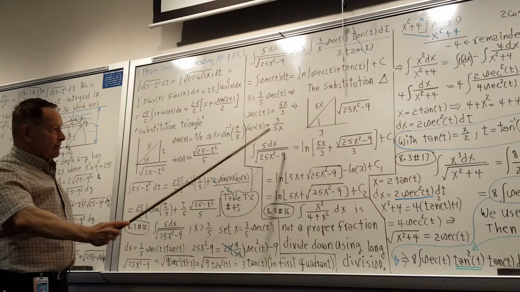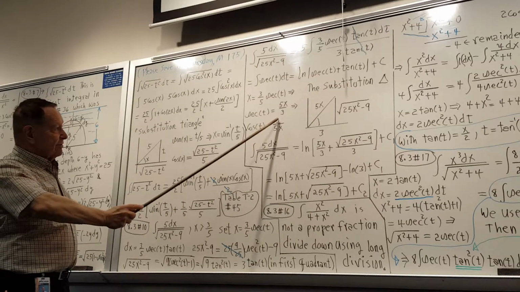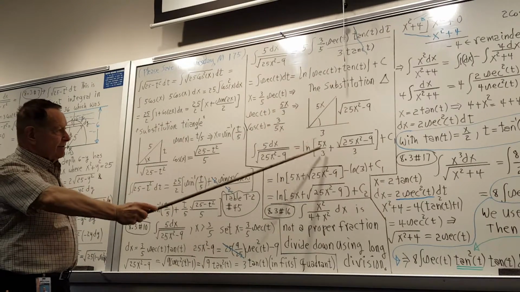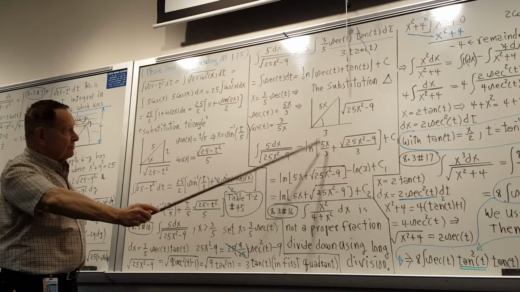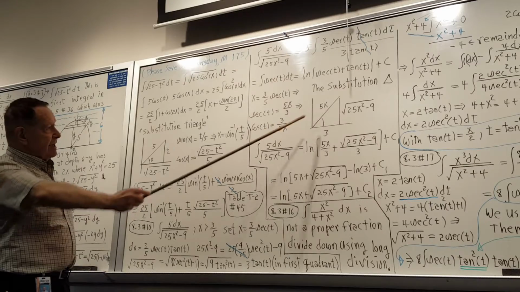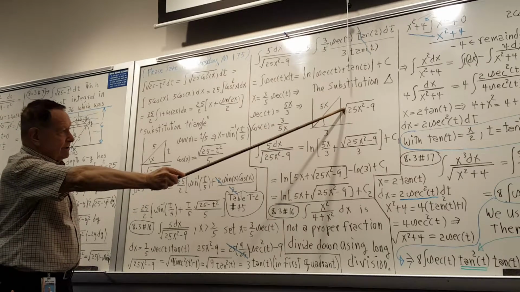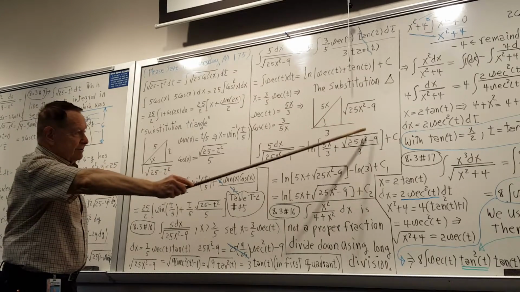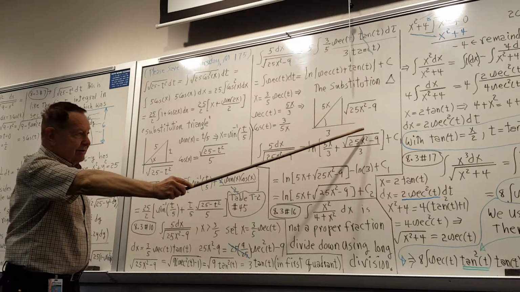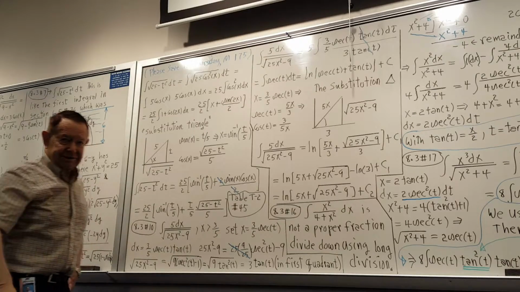Okay, so your cosine is 3 over 5x, so your secant, which you're replacing here, is the 5x over 3. And then your tangent is opposite over adjacent, and so this appears as the numerator in your opposite over adjacent quotient.